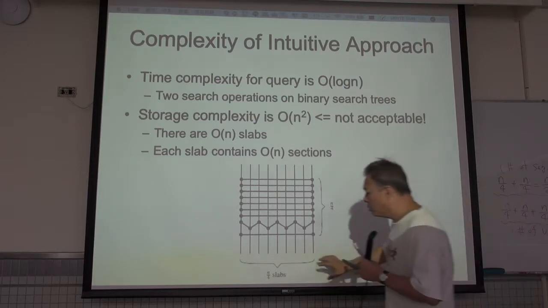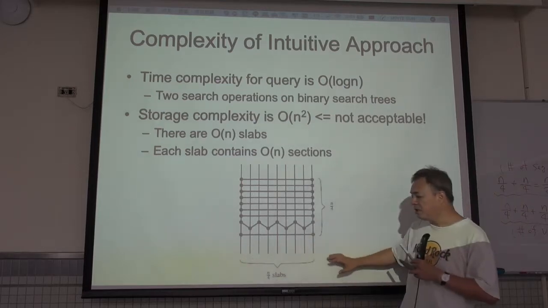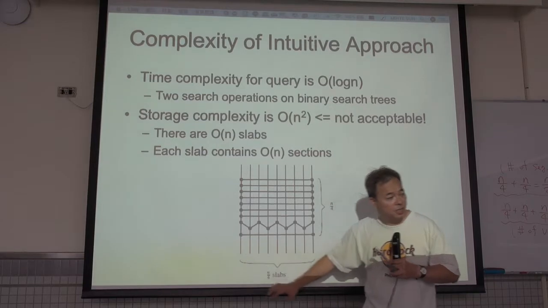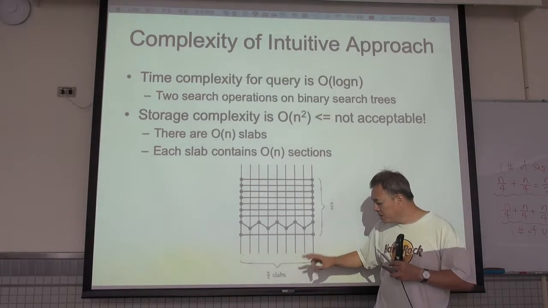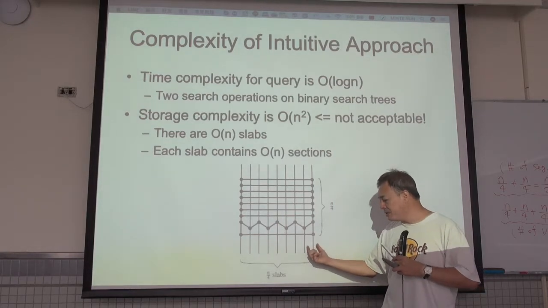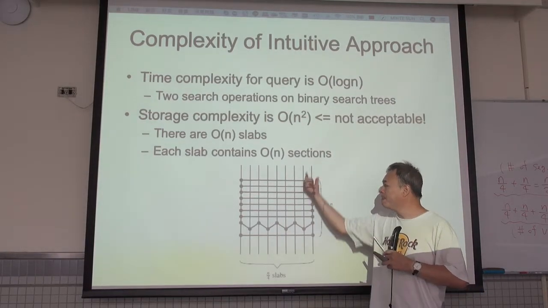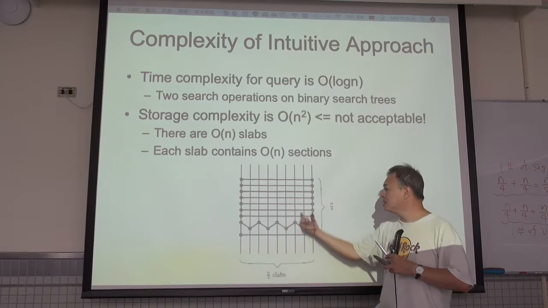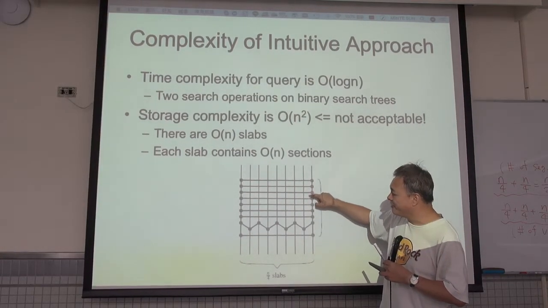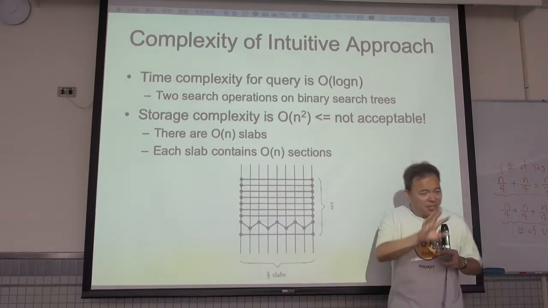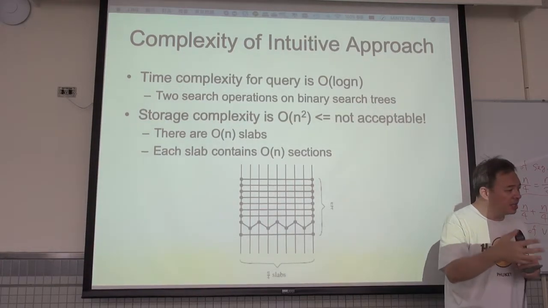Okay, so this binary search tree is linear, right? It's linear. But look at each slab, because for each slab, how many of these subspaces do we have? Roughly, I'm not asking for a very accurate number.